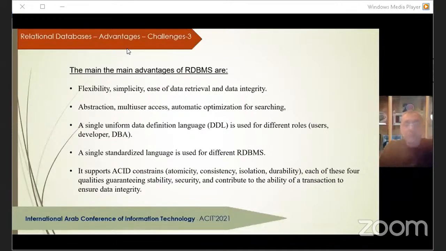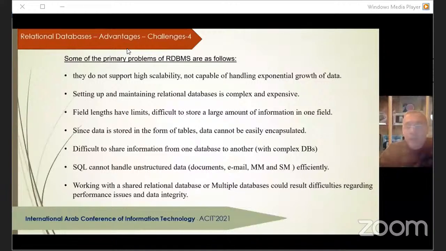there are some challenges and some disadvantages with relational database management systems, which could be stated as follows. They do not support high scalability, and are not capable of handling exponential growth of data. Setting up and maintaining relational databases is complex and expensive, even money-wise.